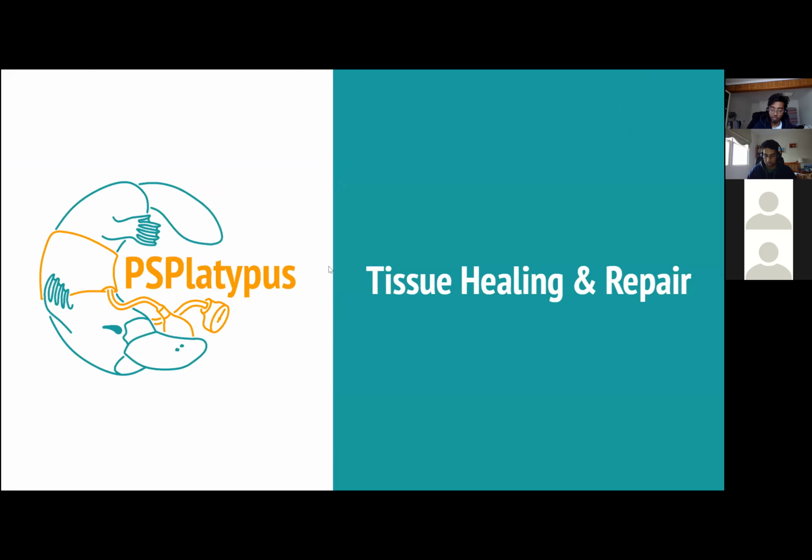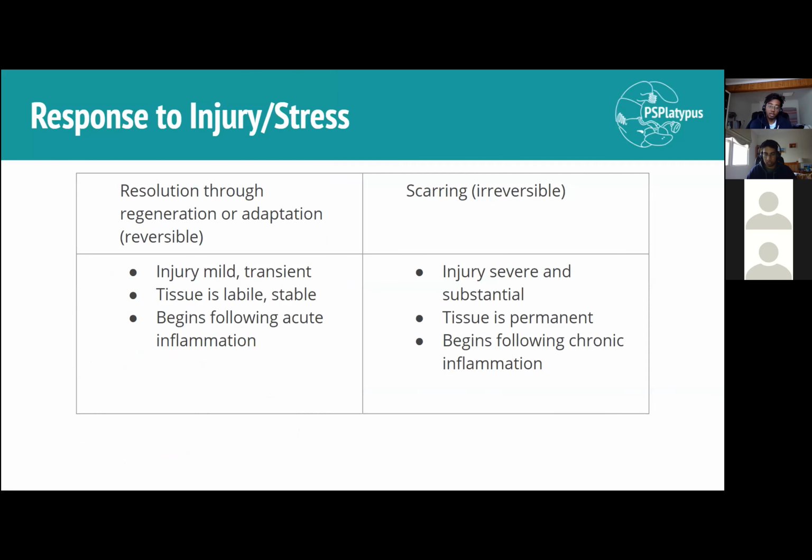If not, okay, moving on to tissue healing and repair. All right, so you get injured, right? Tissue injury. How do we fix it? There are two different ways we can fix it. If it's a reversible injury, we can regenerate the tissue. We can adapt the tissue as well.